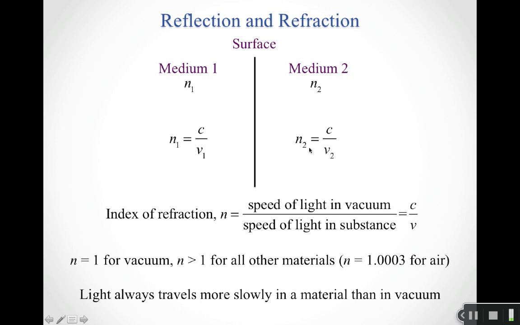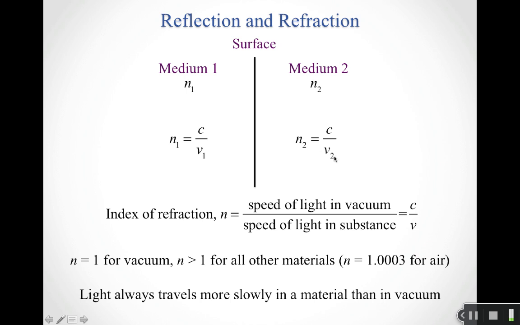And so a couple things. One is, this means that the index of refraction for vacuum is by definition 1, because that's just going to be c over c. And it's got to be greater than 1 for all other materials. So, say for air, the index of refraction happens to be 1.0003. So we're going to treat the index of refraction for air as 1. It's not quite, but it's close enough for our purposes.